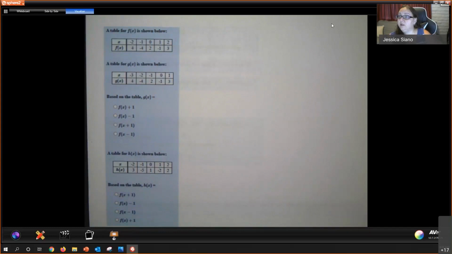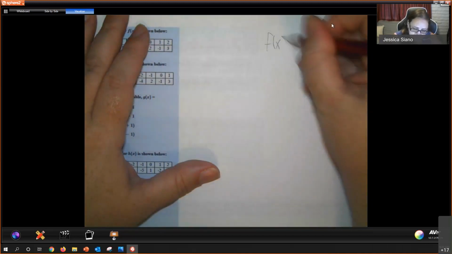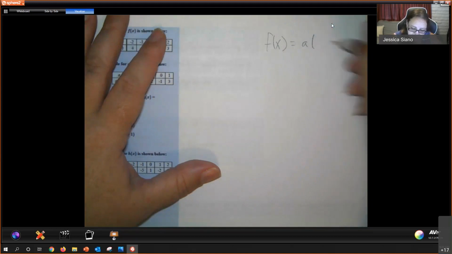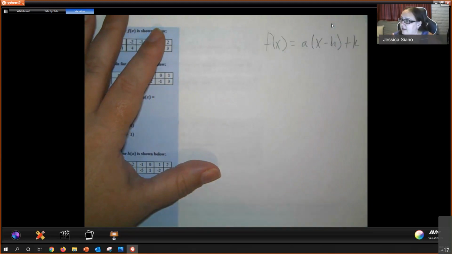So here we have a table for f of x and a table for g of x. So the first thing we're going to talk about today are our transformation rules. Let's review them real quick. If we have f of x equals a times x minus h plus k, like that.